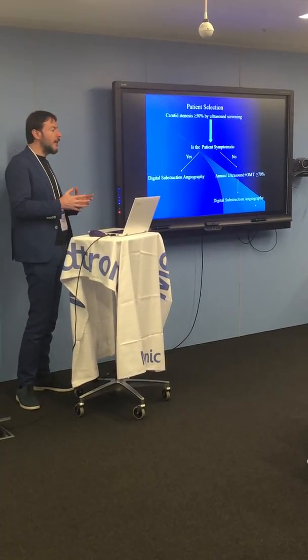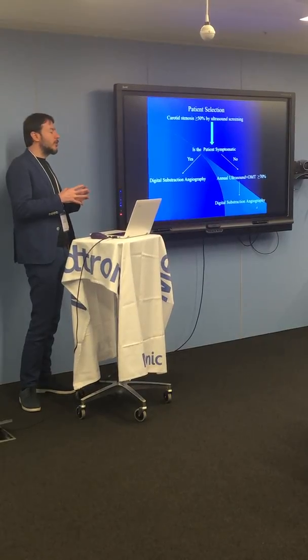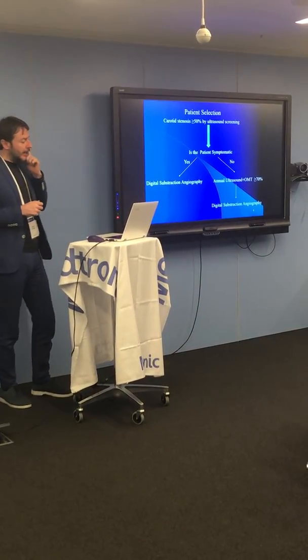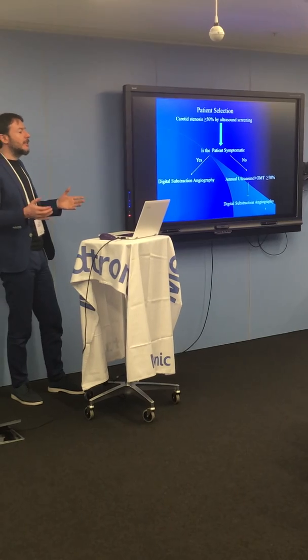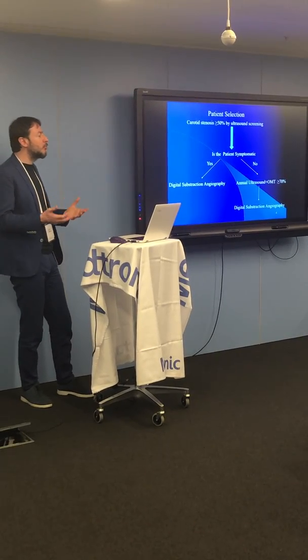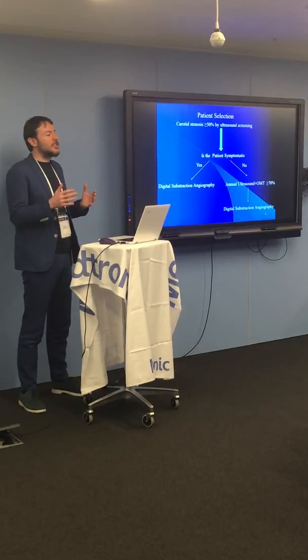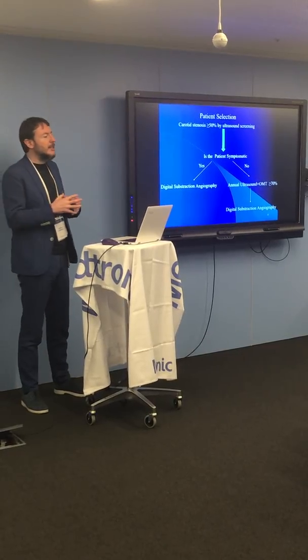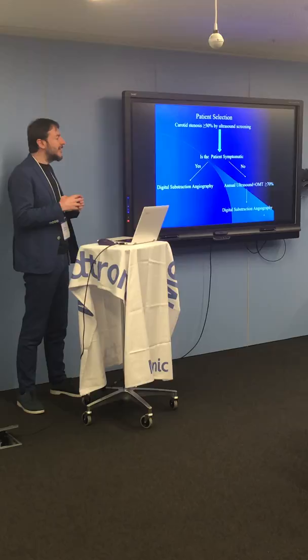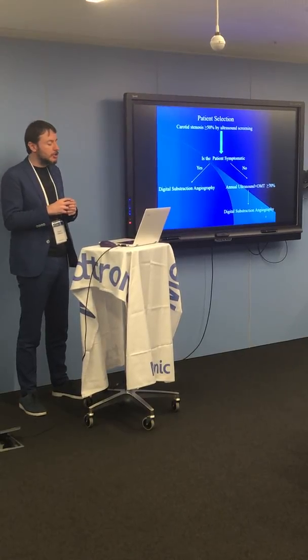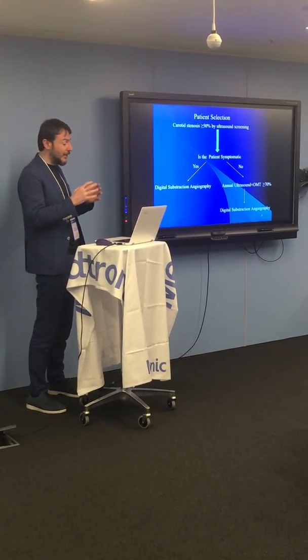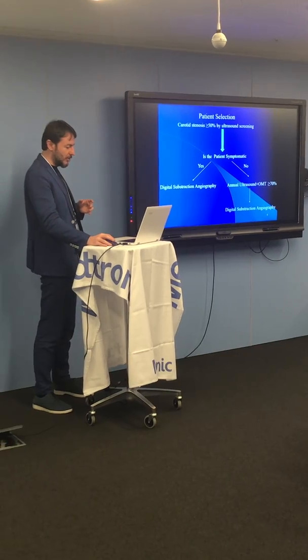If the patient is symptomatic, then digital subtraction angiography is indicated. If the patient is asymptomatic, then you should follow the patient annually with ultrasound. And if the degree of the stenosis reaches 70% or more, then this patient is also a candidate for digital subtraction angiography. We mean in asymptomatic patients.